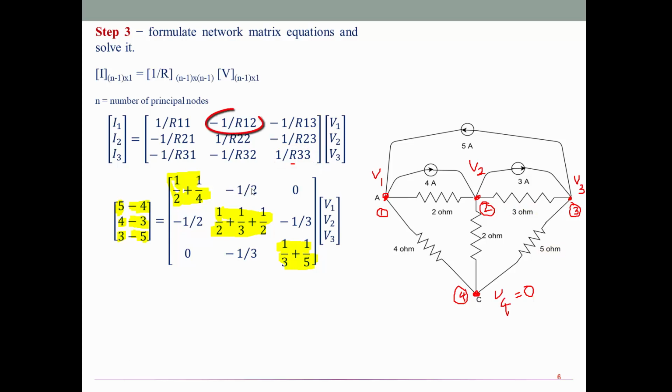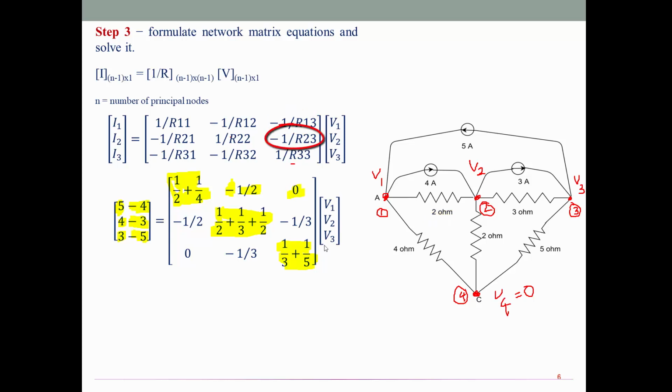Then coming to R1 to 2, between node number 1 and 2, what is resistance connected? 2 ohm. So go for minus 1 by 2. It's minus sign as per rule. Similarly, R1 to 3, there is no element connected, so straight away take down 0.